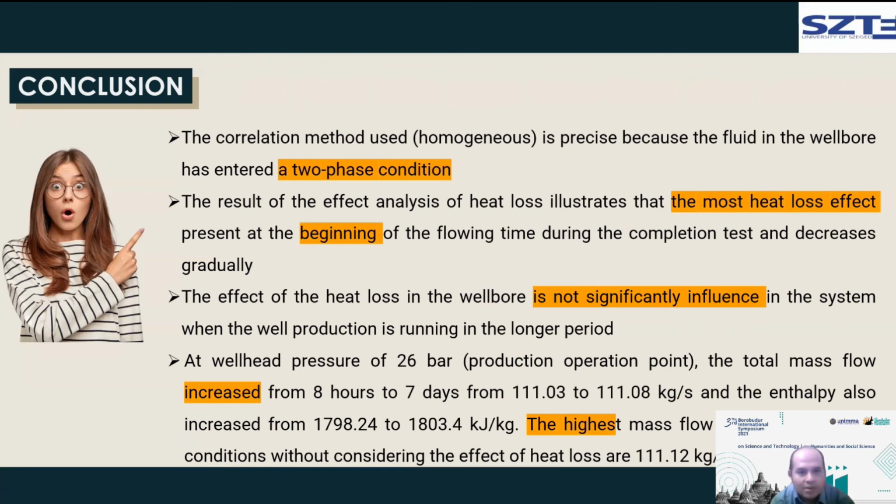At a wellhead pressure of 26 bar as the production operation point, the total mass flow increased from 8 hours to 7 days, from 111.03 to 111.08 kilograms per second. And the enthalpy also increased from 1,798.24 to 1,803.4 kilojoules per kilogram.